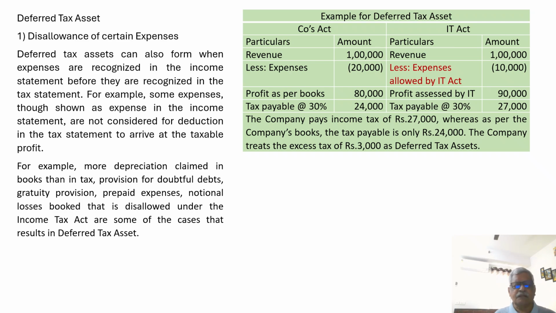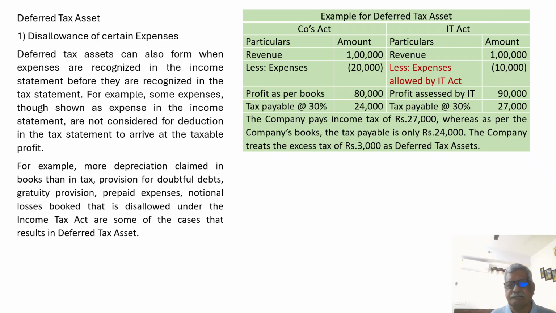For example, more depreciation claimed in books than in tax, provision for doubtful debts, gratuity provision, prepaid expenses, notional losses booked that is disallowed under the Income Tax Act are some of the cases that results in deferred tax assets.